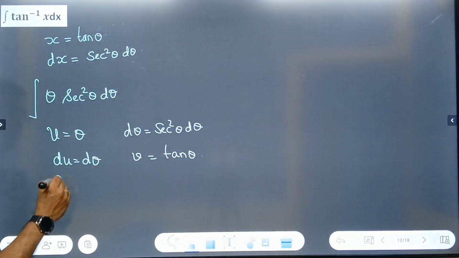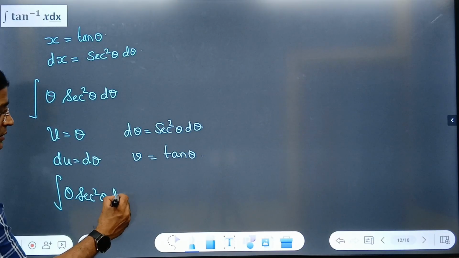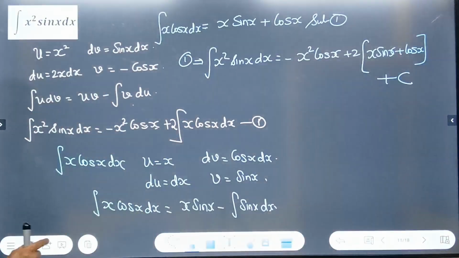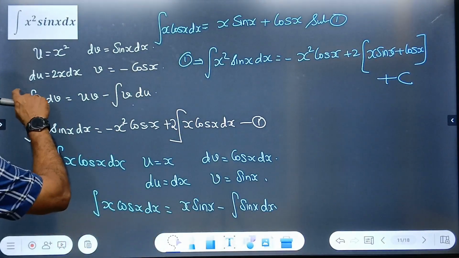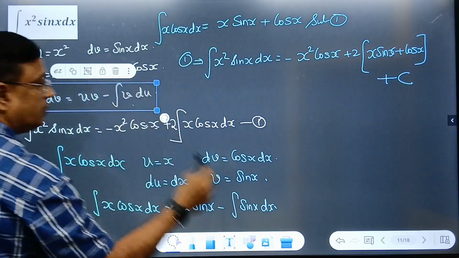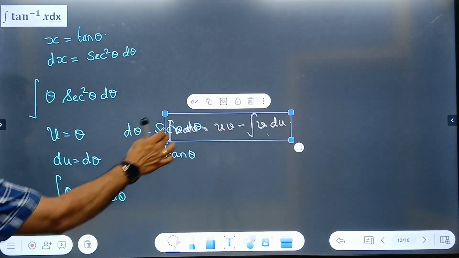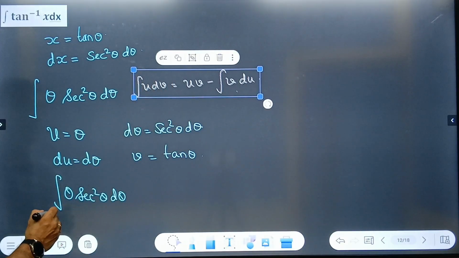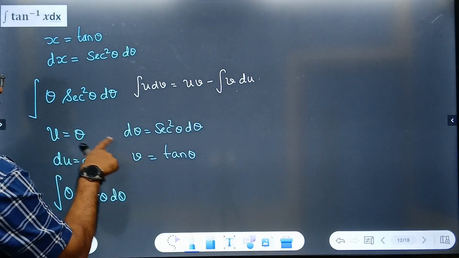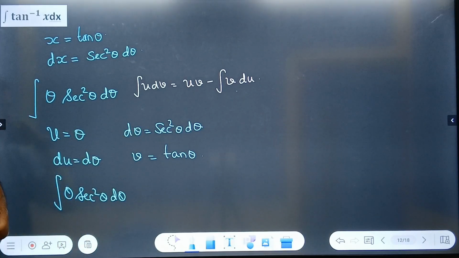Now, what is integration by parts? In fact, I should write the formula. It's always good to write the formula; if you write it many times, it becomes clear to you. So this is the formula: integral u dv equals uv minus integral v du.